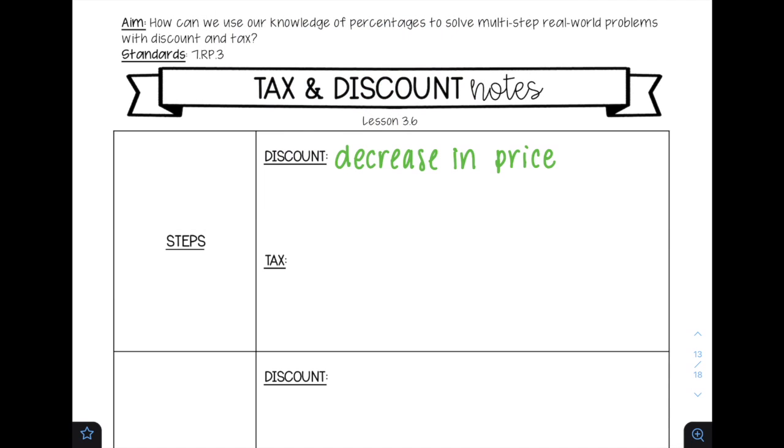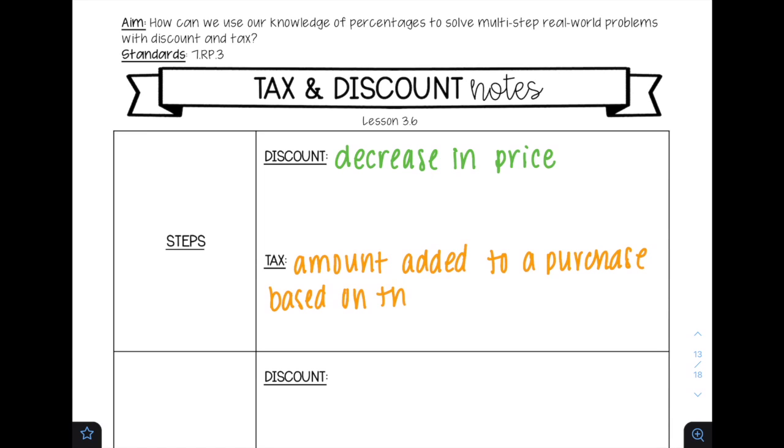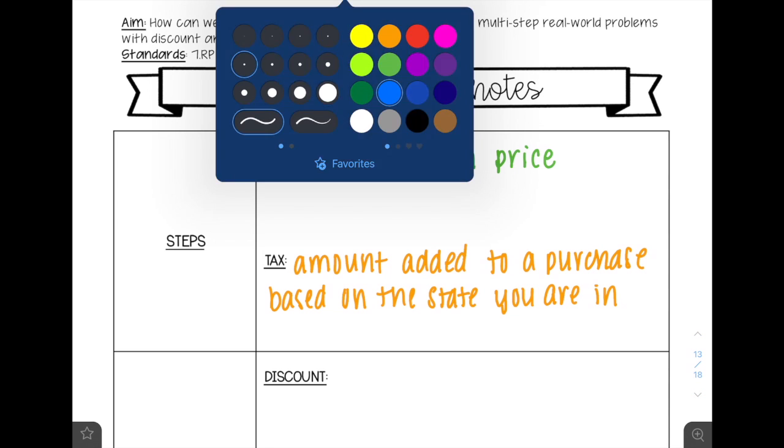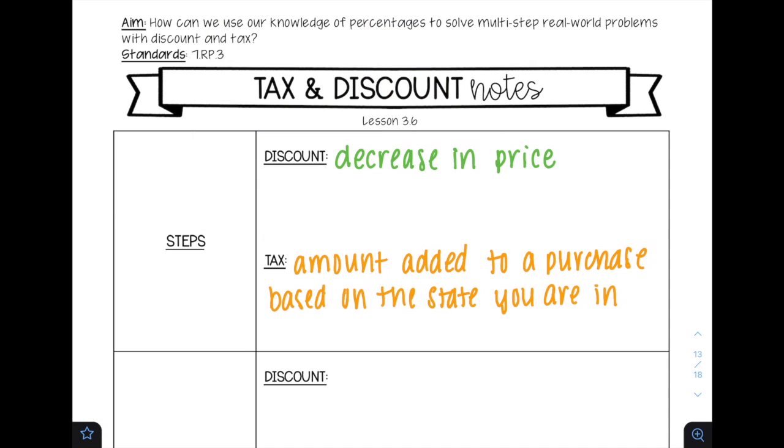Your tax is the amount added to a purchase based on the state that you're in, so it's sales tax. And both of these refer to percentages of a number. Okay?